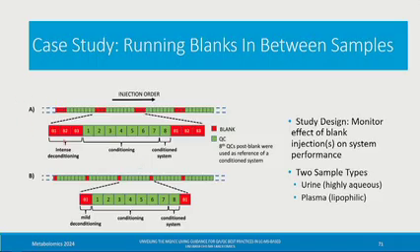In case A, this wasn't my lab, but there were a collection of blanks run at the beginning, then a bunch of QCs, and then a bunch of blanks run together sequentially, and this was repeated over and over again. In case B, we had just one blank and then a bunch of QC samples, and then one blank and a bunch of QC samples. And this was done with both urine and plasma samples.